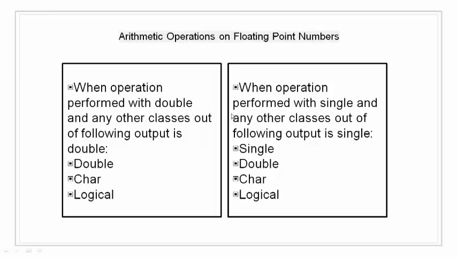Similarly, on the right, I have highlighted the point for single. When one of the operands is single and the other one is either single, double, character, or logical, then the output is always single. Note that when both double and single operate with an integer data type, the result is always an integer. That is why integer does not feature in this list.